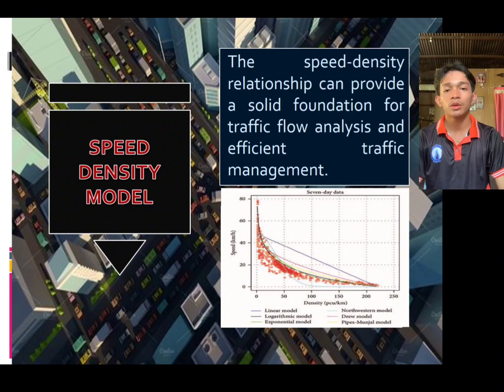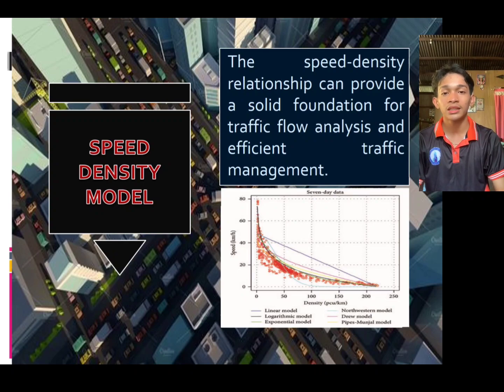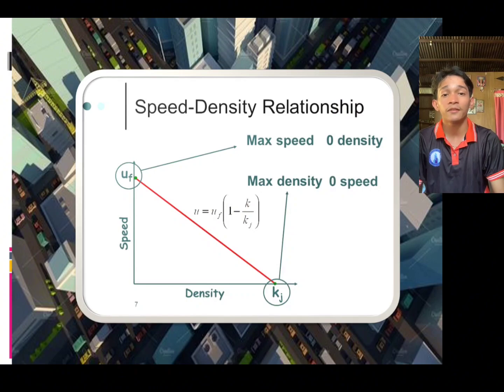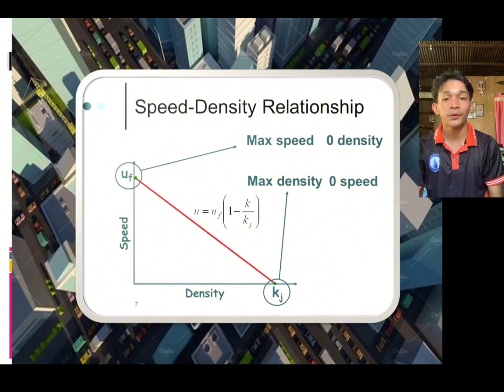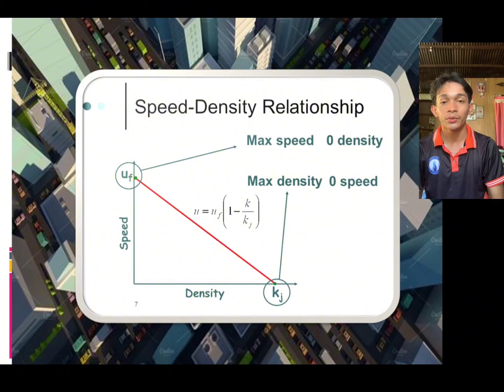The speed density model is depicted as a graph where the x-axis is the traffic density and the y-axis is the speed of the vehicle, since the speed of the vehicle is dependent on the traffic density. As you can see, when the speed is at maximum, the density is 0, and when the density is at maximum, the speed is 0.